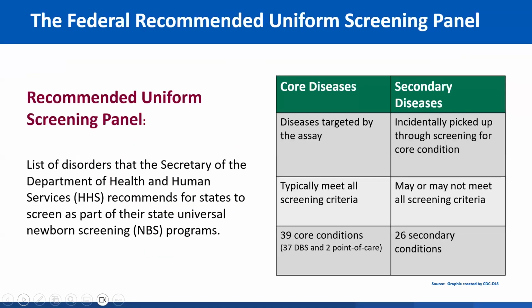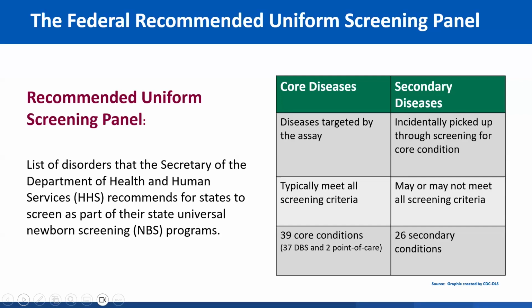Next slide. So let's talk a little more about the RUSP and its goal for harmonizing screening nationwide. The RUSP is made up of 2 distinct lists of diseases, the core conditions and the secondary conditions. The core conditions are those that are truly targeted by the assay.